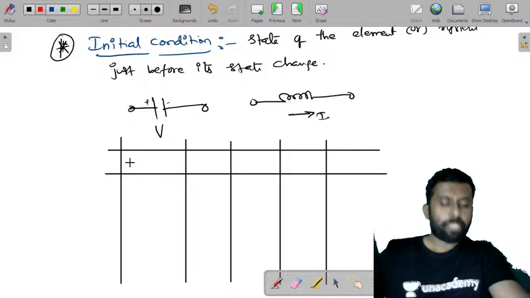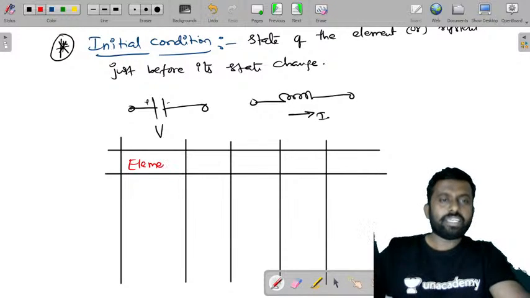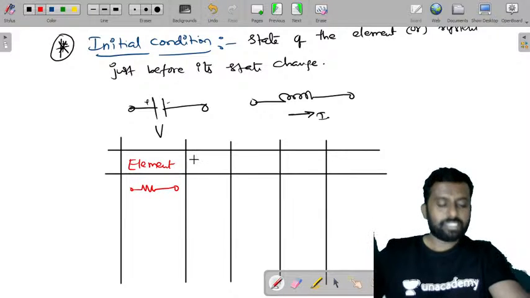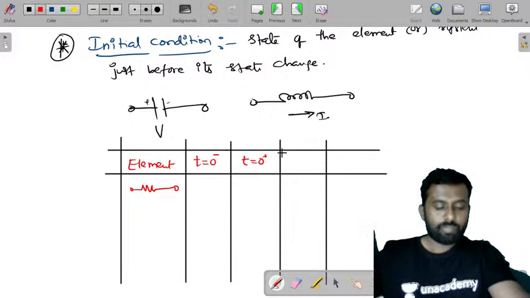The first element we'll take as a resistor.